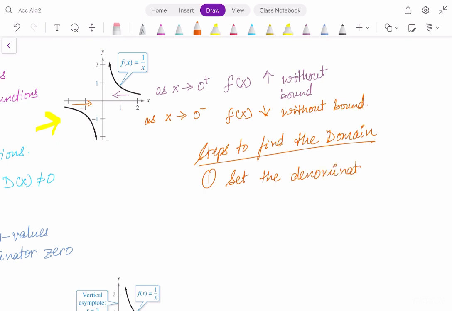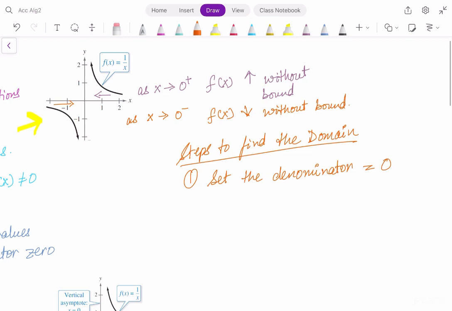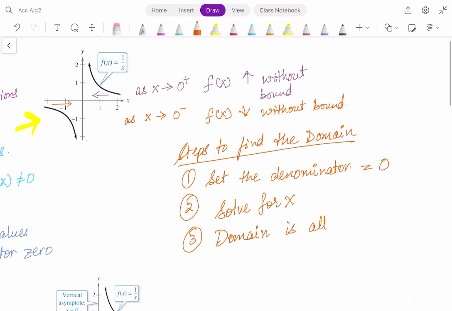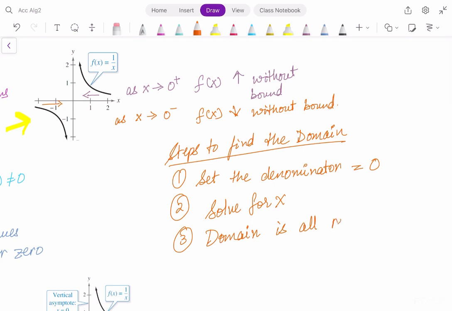That x value is where there will be an asymptote, and at that point the function will not be defined. Second is to solve for x, because if you are putting the denominator equal to 0, you need to solve for x. And third, the domain will be all real numbers except the value of x that you got in step 2, because that value of x is my restriction.